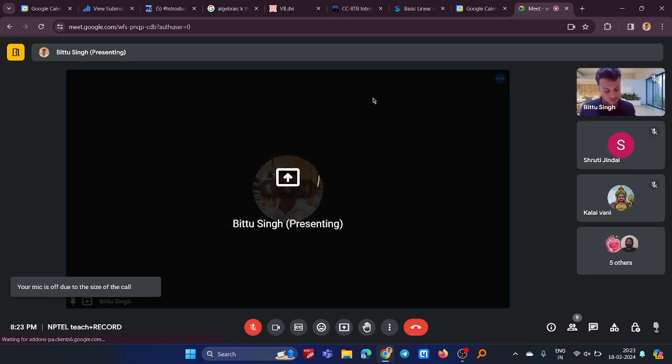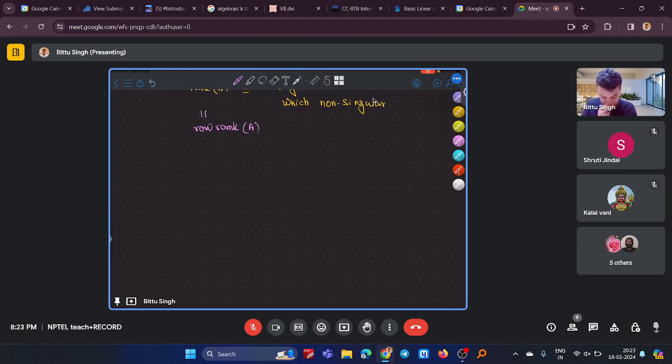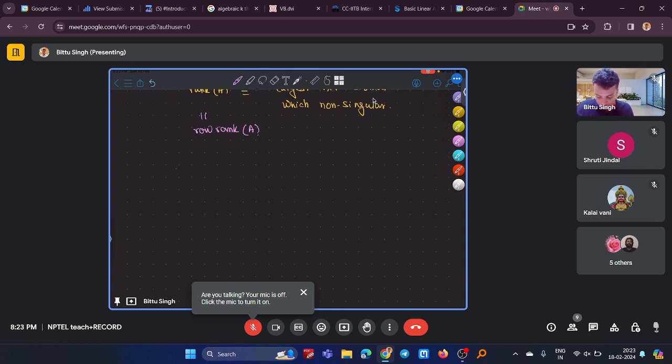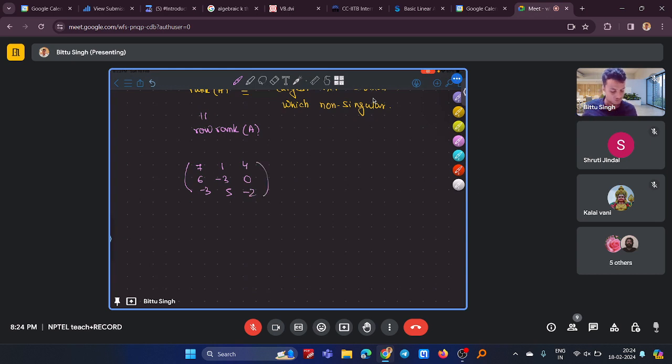So let us compute the rank of a matrix using determinant. Given a matrix 7 1 4, 6 minus 3 0, minus 3 5 minus 2. Now what will be the determinant of this matrix?